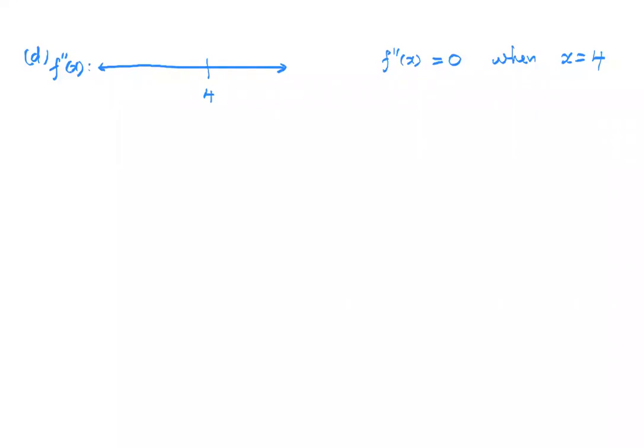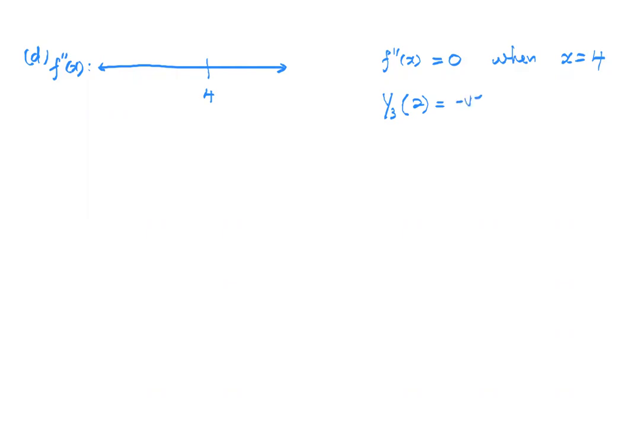So can you please tell me, use your graphic calculator, call out your y3 and put a value of x that is less than 4. For example, I put 2. Can you tell me is it positive or negative? It's negative.